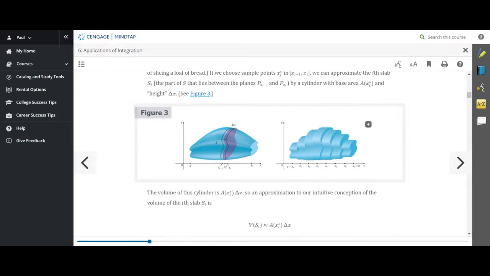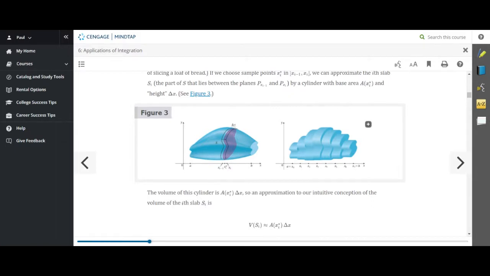We can find the volume of that ith slice or slab by taking the cross-sectional area and multiplying it by the delta x, the width, because area times width is equal to volume, right? Think of areas in square feet and width in feet. If you take square feet and multiply it by feet, you get cubic feet.